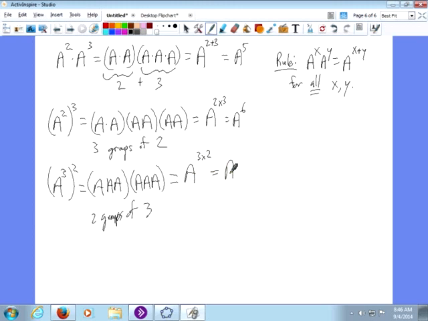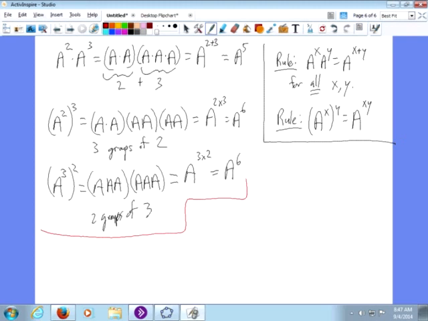So this is a to the 3 times 2, and since 2 times 3 and 3 times 2 are the same, you get a to the 6, and you get another rule, which says that for all x and y, if we take a to the x to the y, we're going to get a to the product power, x times y. Everything you know about exponents follows from those 2 ideas. It's what has to happen. So all the other rules that you might have at one time thought, wow, that's a lot to memorize, it's really just what it has to be.